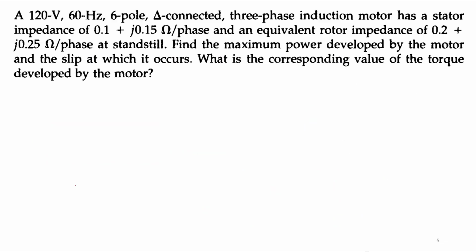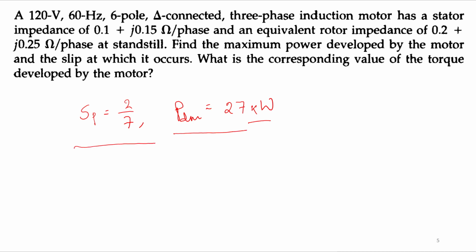And now we'll see one problem. This problem you need to do, kindly do this. Okay, so I hope everybody got this, Sp and PDM, because the equivalent circuit is given, right?